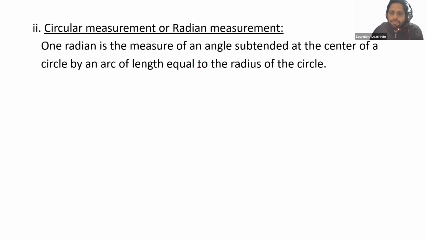One radian is a measure of an angle subtended at the center of a circle by an arc of length equal to the radius of the circle. So what does this mean?